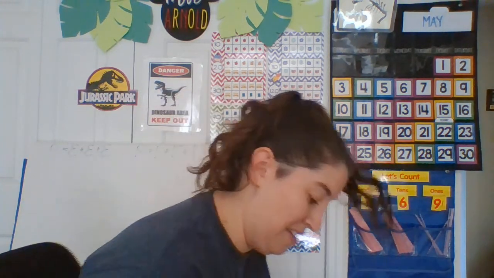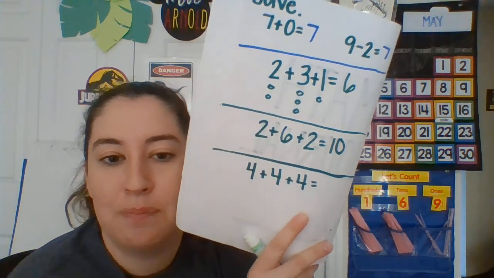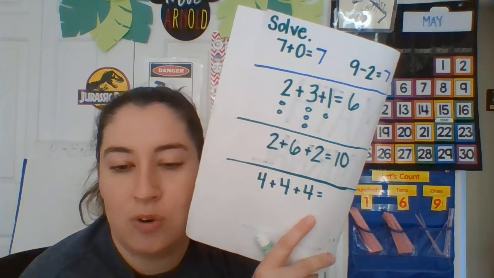Perfect. Let's review our problem of the day from yesterday. I made this one kind of hard, didn't I? But I didn't trick any of you. You all did a fantastic job with it. So here we go. I gave you 4 plus 4 plus 4.